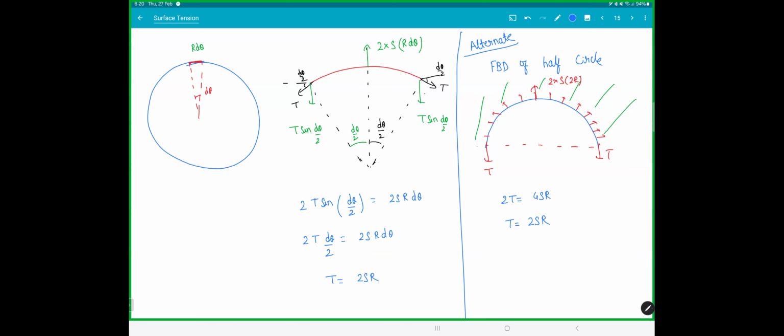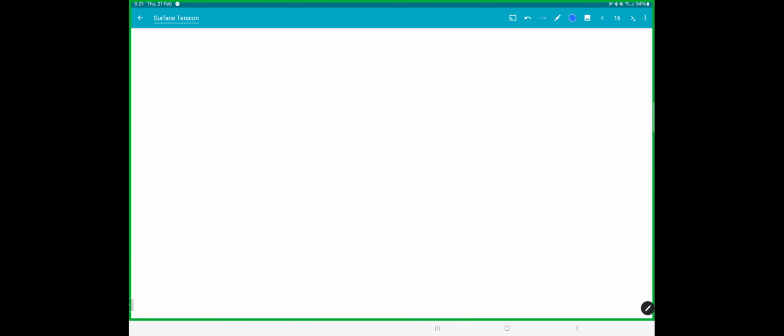Next one. Next one. So if you have a force, you also have energy. The next thing is surface energy.